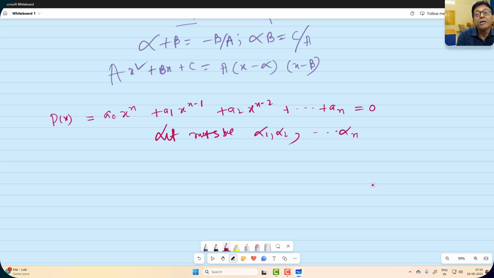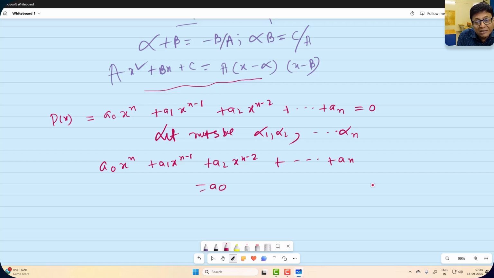So if we use this method to express the equation in the form of the roots, then we can write this as a0 times x minus alpha 1, x minus alpha 2, up to x minus alpha n, isn't it?